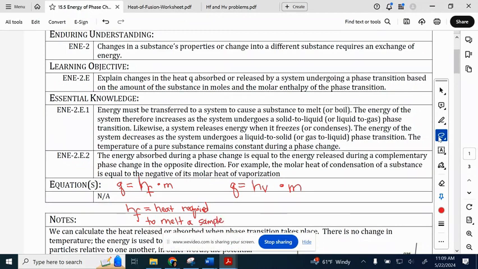Okay, so what do you think this is? Yep, this is the heat required to vaporize a sample. And then you're going to multiply that by the mass.